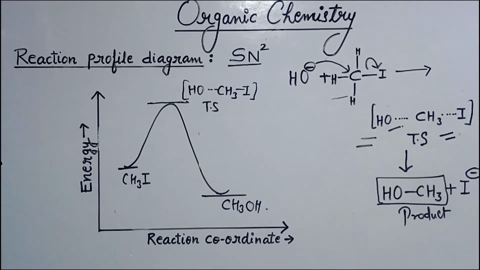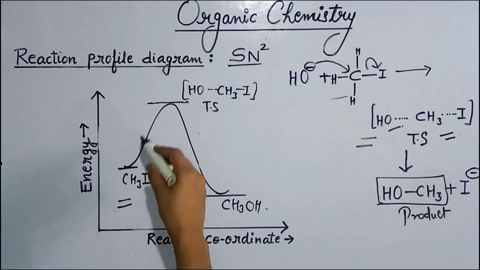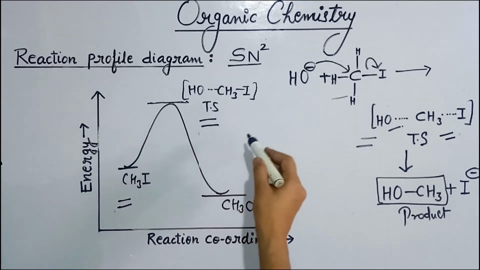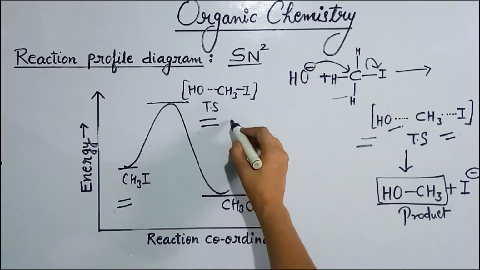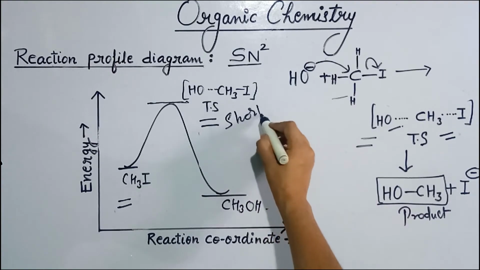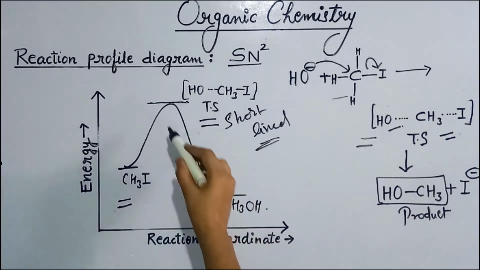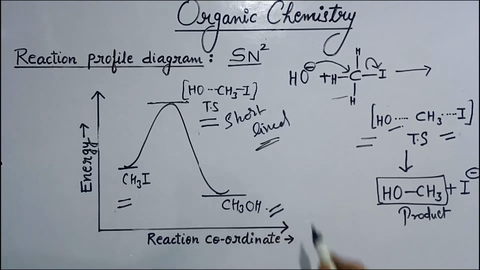Here you can see the reaction profile diagram. This is the reactant and it will undergo a highly energetic process to form this transition state, and this is actually very short-lived. Now this will immediately form CH3OH.